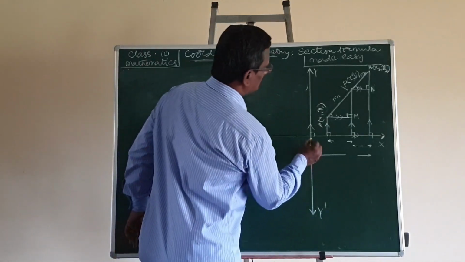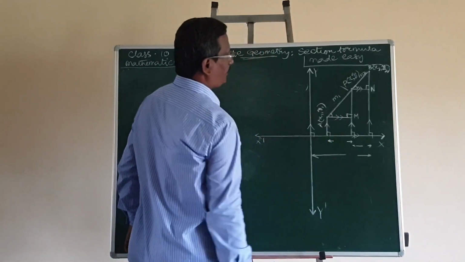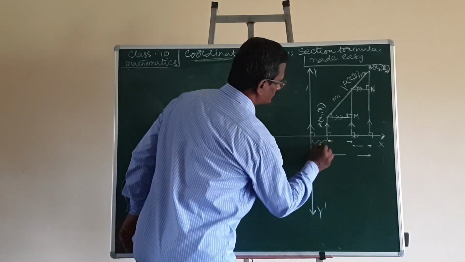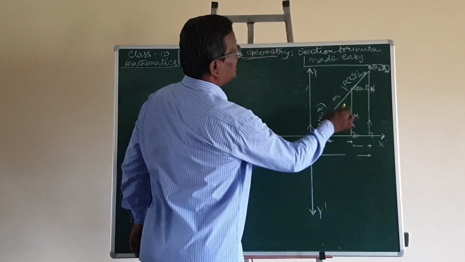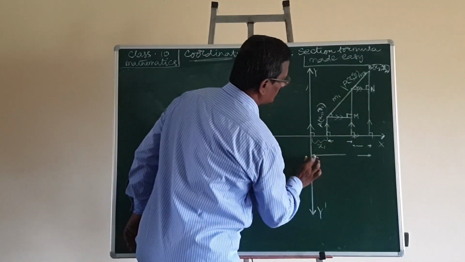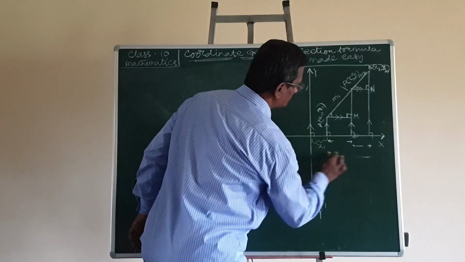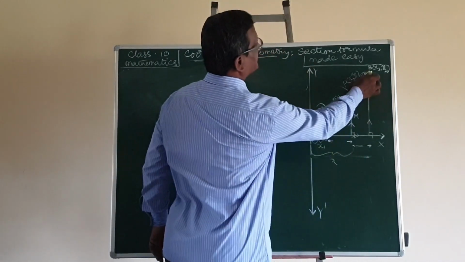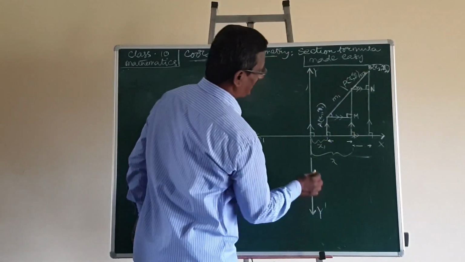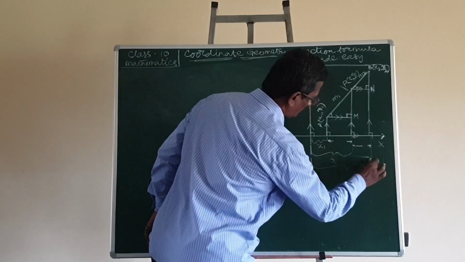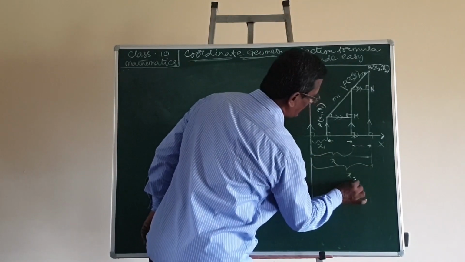Now, the x coordinate of point A is x1, so this distance is x1. The x coordinate of point P is taken as x, therefore this distance is x. The x coordinate of point B is x2, therefore this distance is x2.